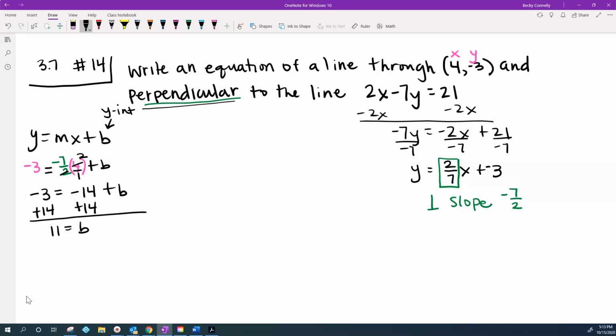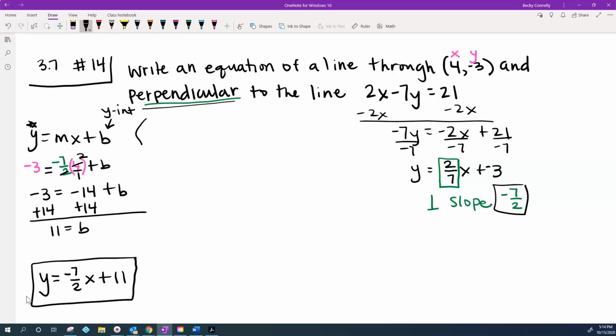So there's my slope, and I've got my y-intercept now, so I can put those things back into slope-intercept form. So y equals, in place of m, my -7/2, x, and then my b is 11, so plus 11. Okay, so this is one way that you can get to the answer.